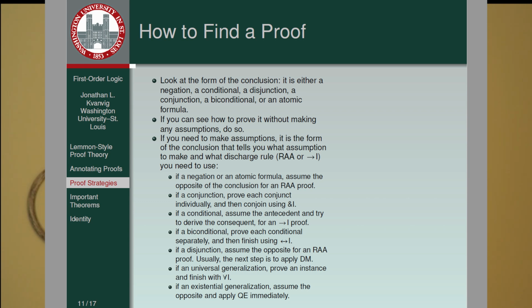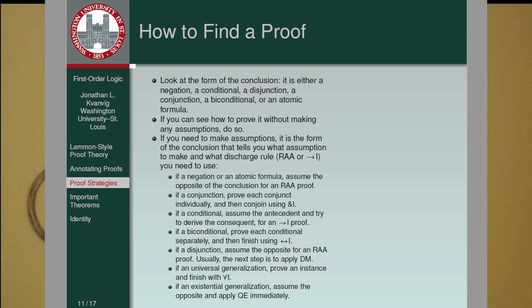For ampersand and double arrow formulas, remember a double arrow formula is really a hidden conjunction. A double arrow is just the conjunction of two arrows running in opposite directions. So P double arrow Q is really P arrow Q and Q arrow P. So we're going to prove both conjunctions and double arrows in the same way, which is prove each of these two parts.